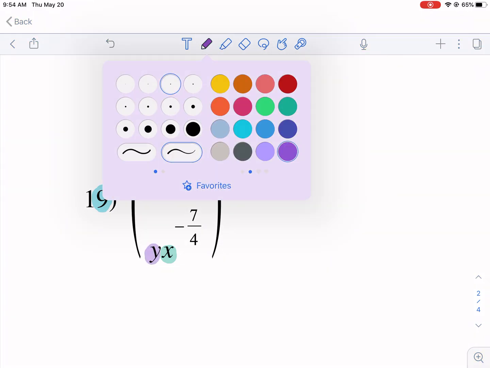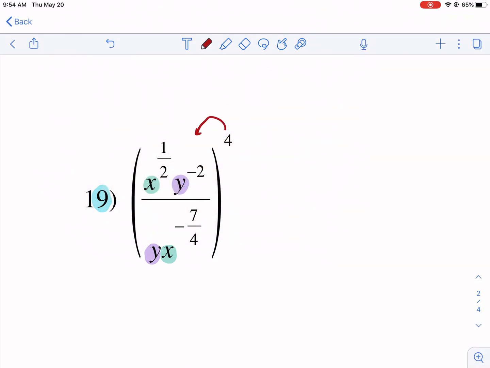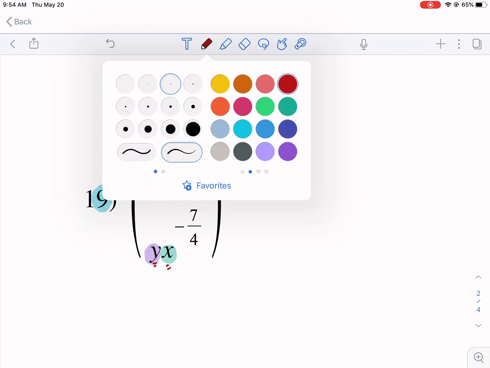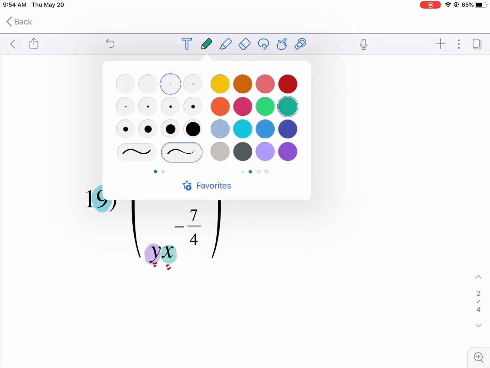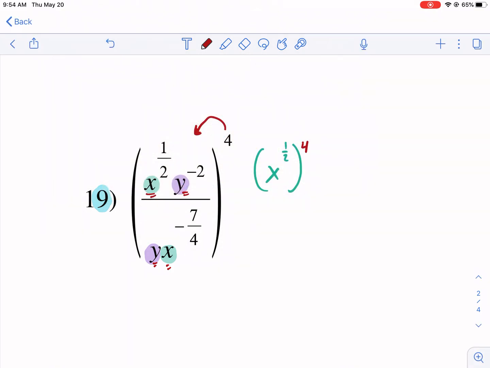Let's start with my x's. I'm going to apply, like I said, this 4 inside the parentheses first to each one of these multiplied variables. So I'm going to have x to the 1/2, and then I'm raising this to the 4th power, which means I'm going to multiply the power, sorry.